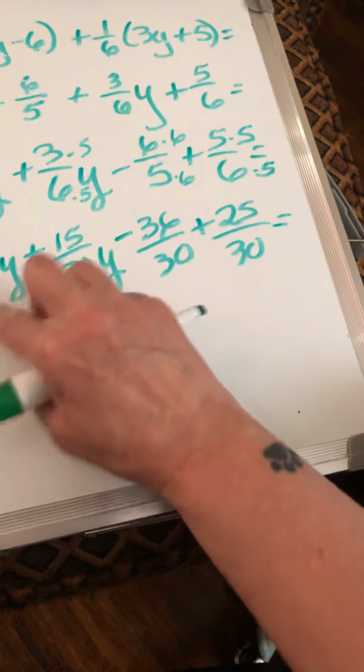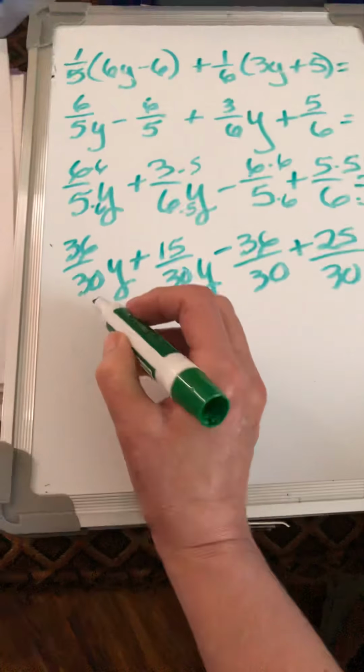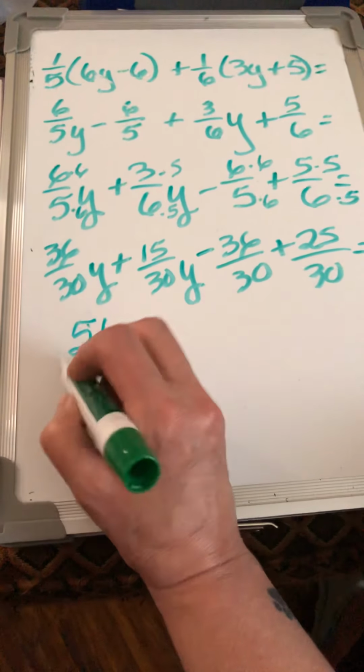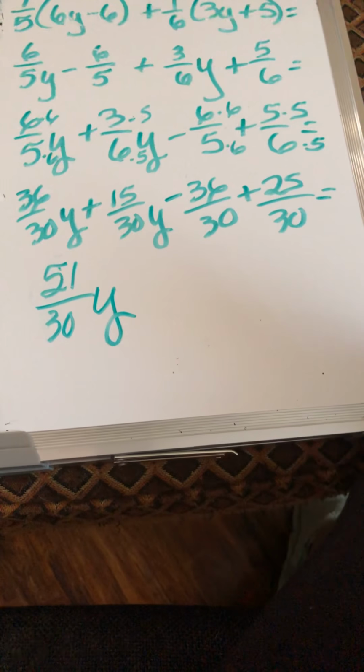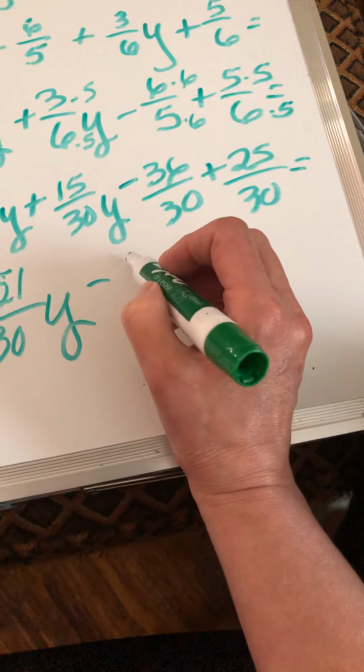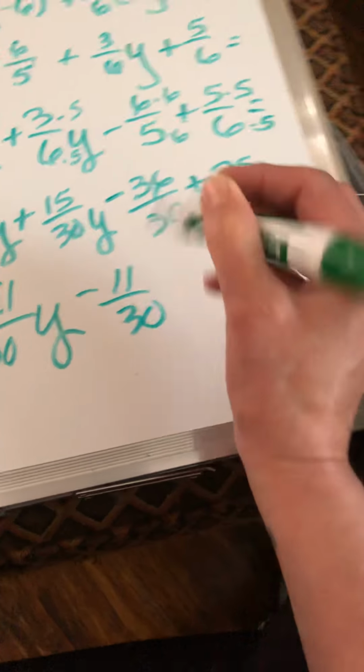Oh, no. You'll find that my arithmetic can be a little bit suspect, so always double check. And then minus 11/30ths. And that's all we can do.